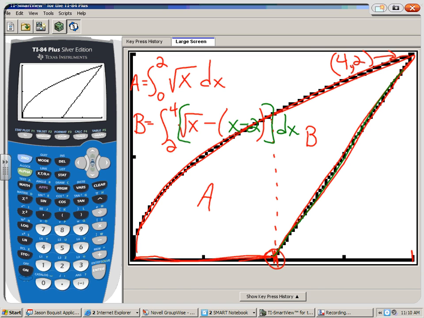So this top one, you could almost figure that out right here where we're at, and just use the calculator, right? You could just figure that out from here. This one, you might want to clean up and then redo. Okay, that's completely up to you. Or you could find the two separately, but I think it's probably in your best interest to clean that up first, regraph it, and find that area.